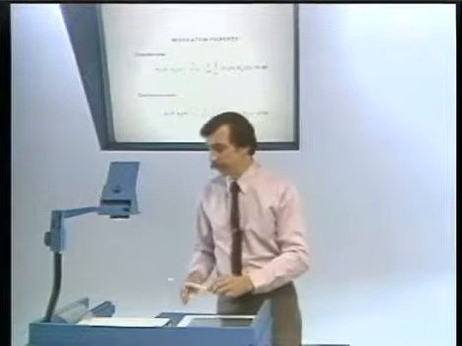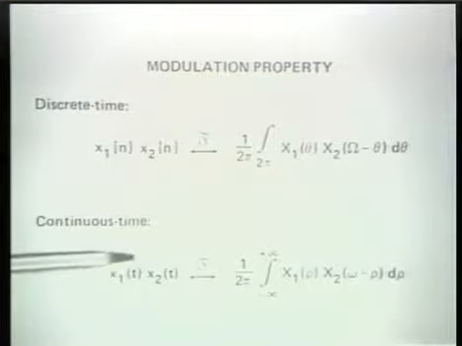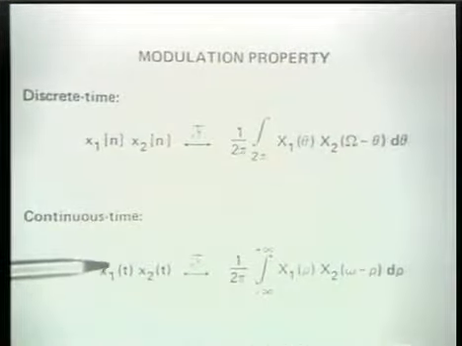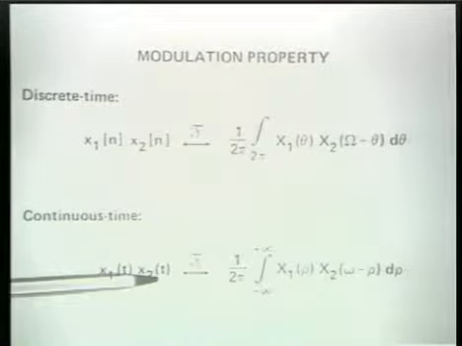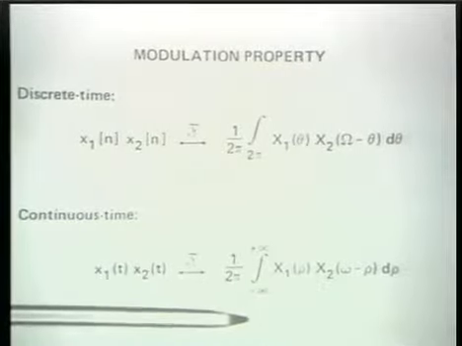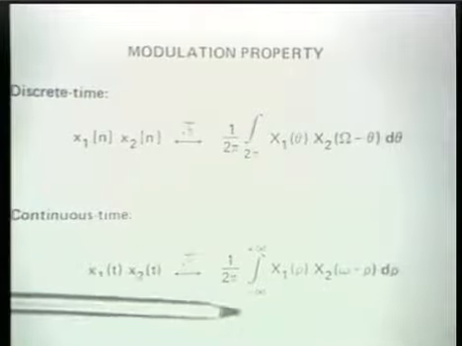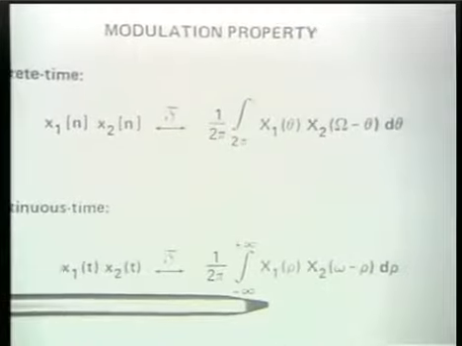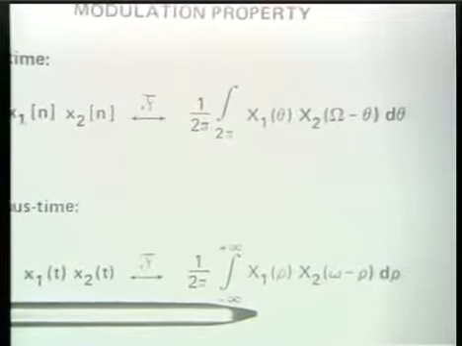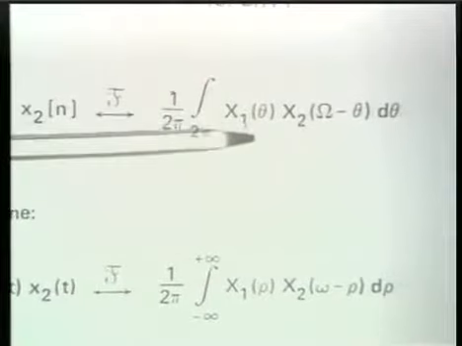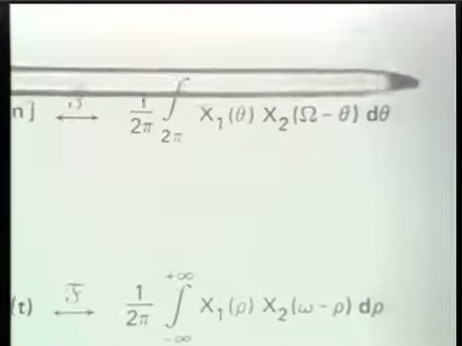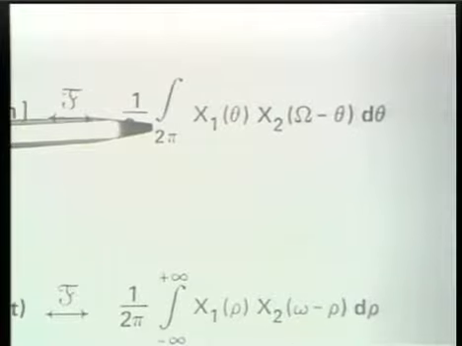In continuous time, the modulation property corresponded to the statement that if we multiply in the time domain, we convolve the Fourier transforms in the frequency domain. And in discrete time, we have very much the same kind of relationship.